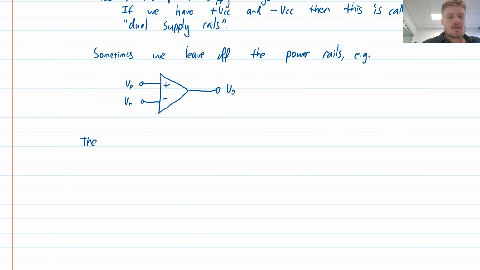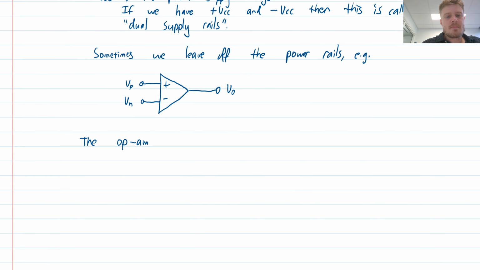So the op-amp produces an output voltage given by Vout is equal to some gain constant, which depends on the model of op-amp that you have, multiplied by the difference in the input voltages.